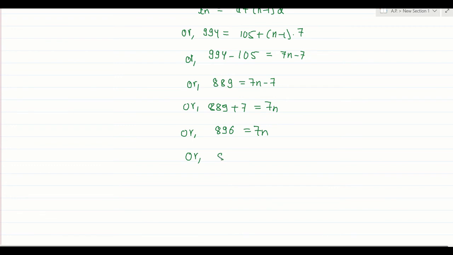Or 896 divided by 7 is equal to n. So how much will you get the value of n on dividing? Let's try. 7 ones are 7, 7 twos are 14, and 7 eights are 56. So ultimately n is equal to 128. So therefore there are altogether 128 terms which are divisible by 7 and which are of 3 digits. Is this clear? Okay. Now let's go to next question.